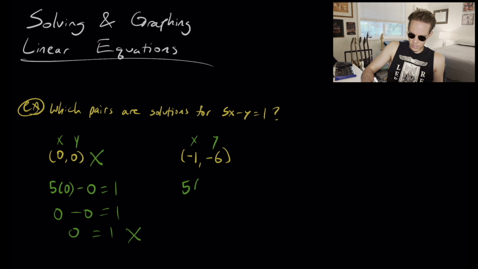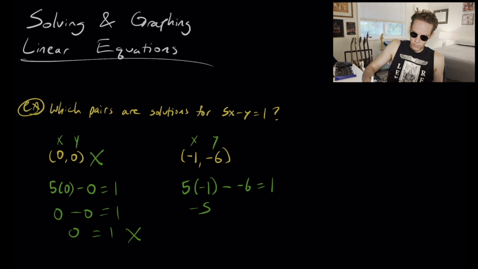Instead of 5x, I'm going to have 5 times minus 1, and then instead of minus y, we're going to have minus, what's the y value? It's negative 6. So we're going to have minus negative 6, and that's going to be equal to 1. 5 times negative 1 is negative 5.